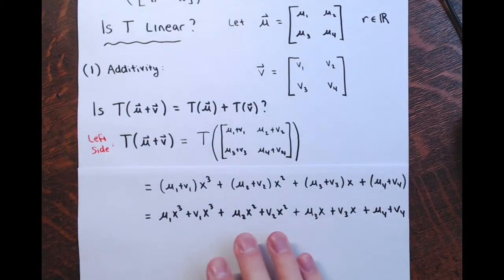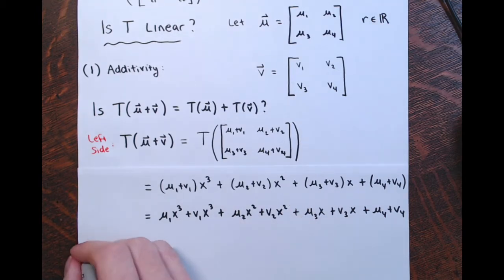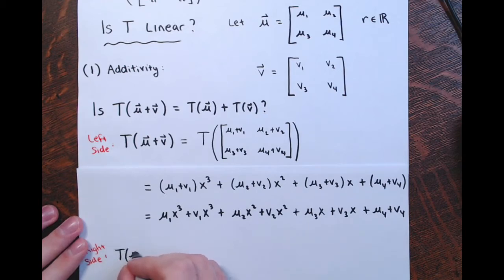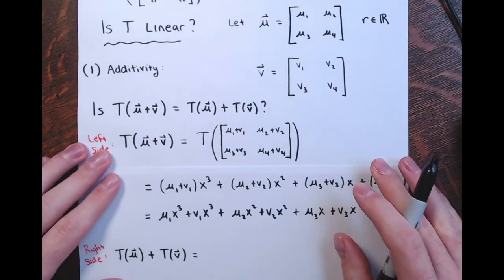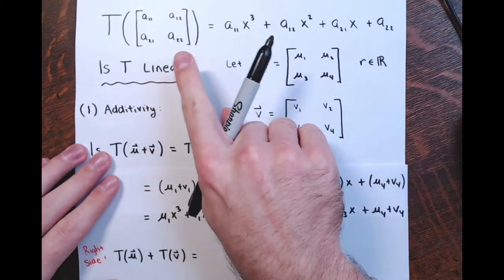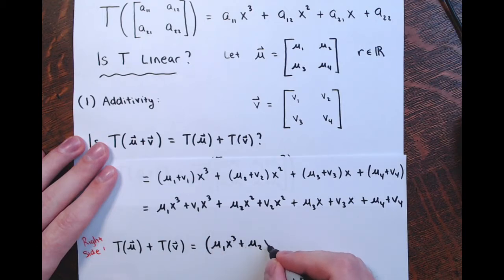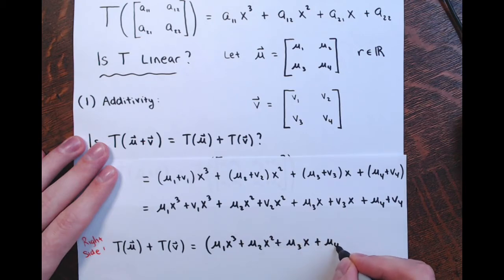Now you could probably show me that's equal to the right side right here, but I'll start with the right side separately. The right side of this statement is T of u plus T of v. For T of u, I'm applying the transformation to vector u, which gives me u1 x cubed plus u2 x squared plus u3 x plus u4.